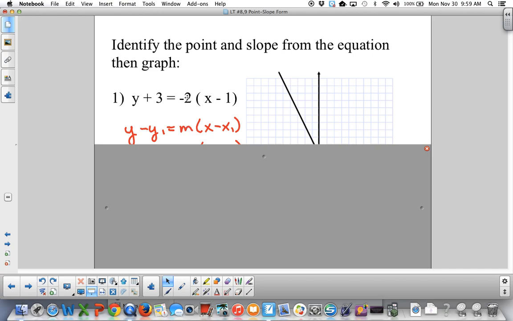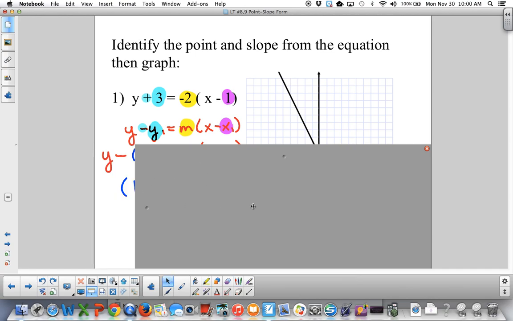M, you can see right here, is obviously negative 2 because those match up. But the problem over here is that there is a negative in my formula, but I have a positive here. So we'll have to remedy that. X minus x1 leaves us with x1 being 1.